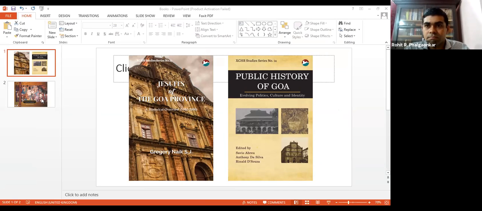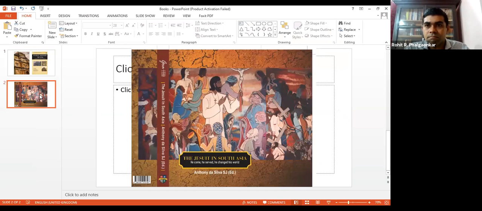We also have an upcoming publication called The Jesuit in South Asia. It is with the press and is due to hit the stands next month. Anyone interested in learning about Goa and the Jesuits will find this a beautiful resource.